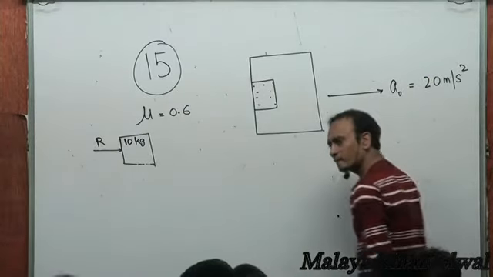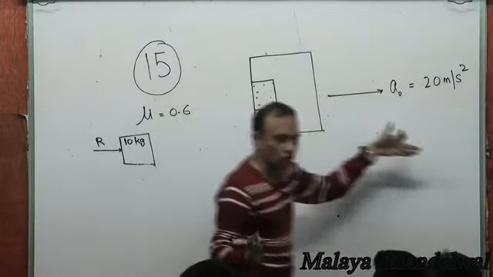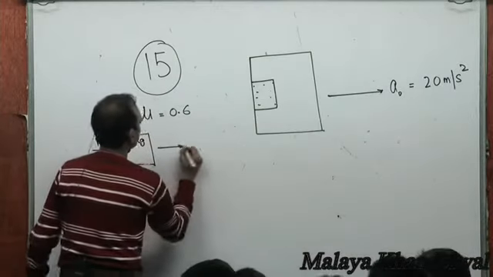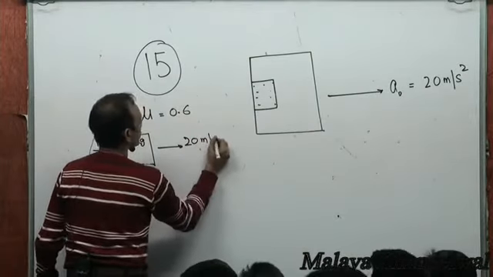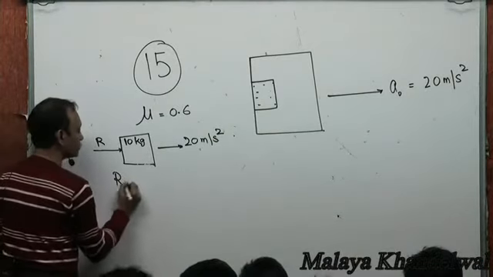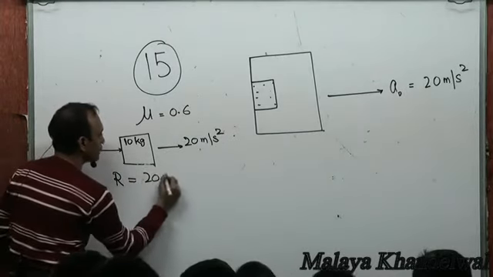Such must be R, right? To maintain contact, they must have a common acceleration along the common normal, right? So 20 meters per second squared must be the effect of R, right? Therefore, very clearly, to give this 10 kg block this acceleration, R must be 200 newtons.